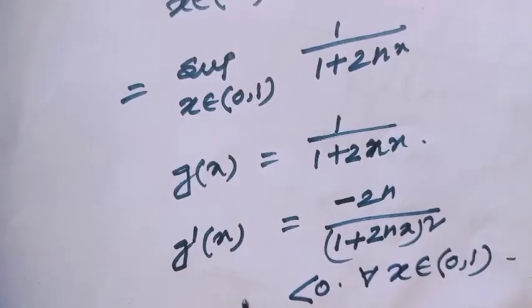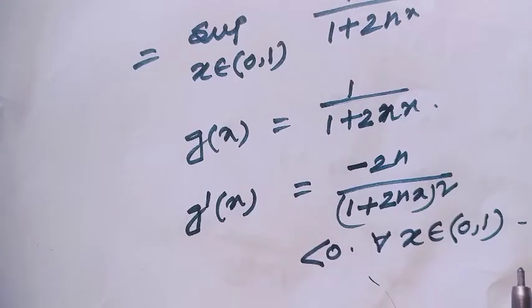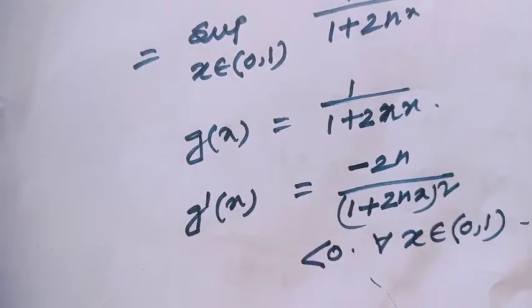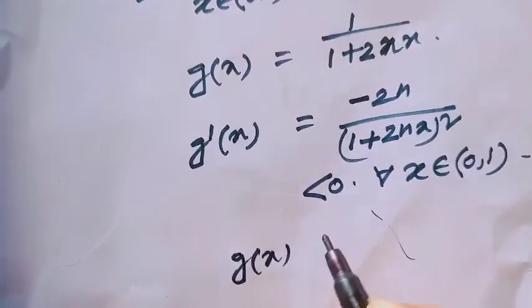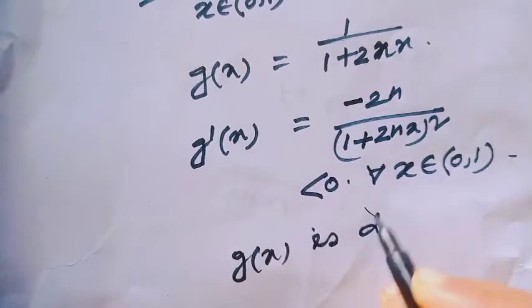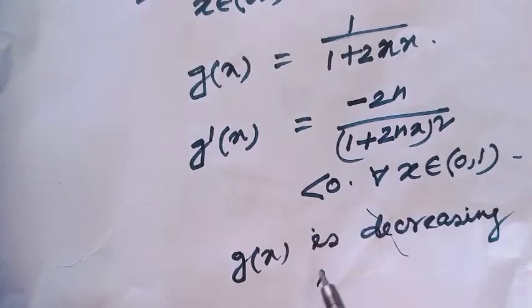Since g prime of x is less than 0 for all x in (0, 1), that means g(x) is a decreasing function. Are you getting?